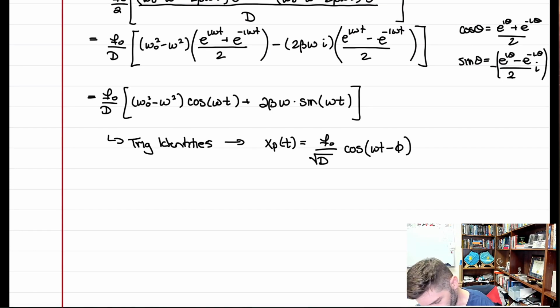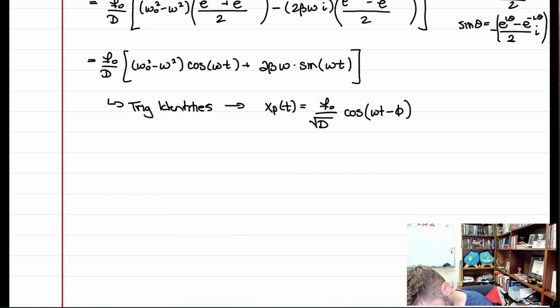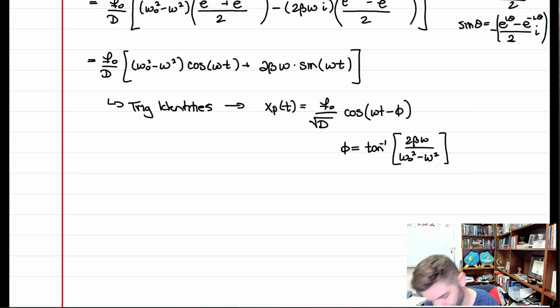And again, this is just really trig identities playing a role here, where phi, if you're curious, is the inverse tangent of the 2 components of D: 2 beta times omega, all divided by omega naught squared minus omega squared.